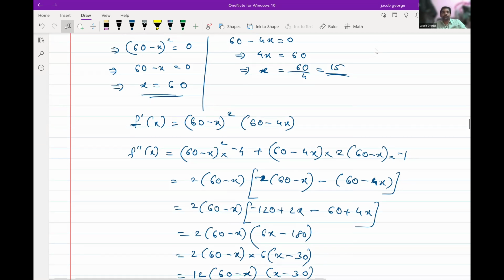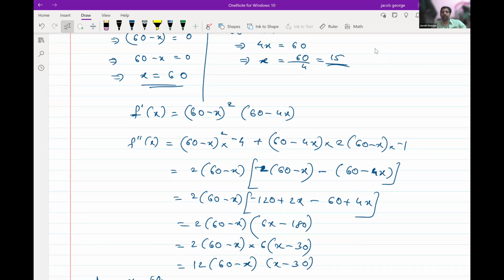We get 12 into 60 minus x into x minus 30. That is the simplification. So please write the second order derivative: 12 into 60 minus x into x minus 30.